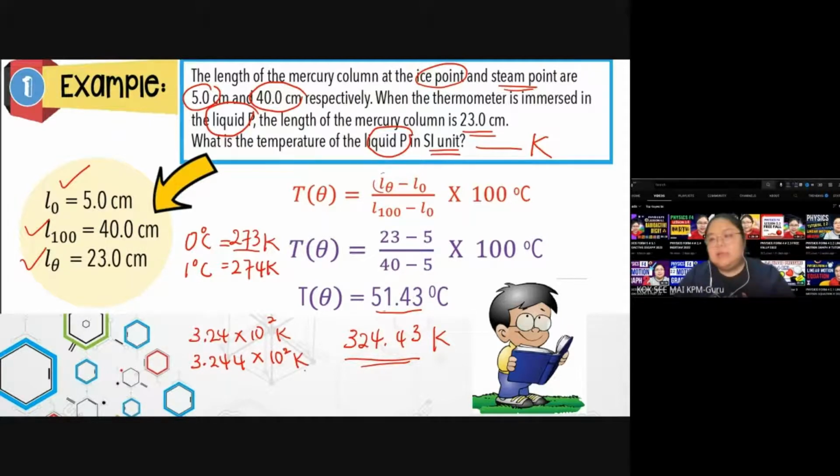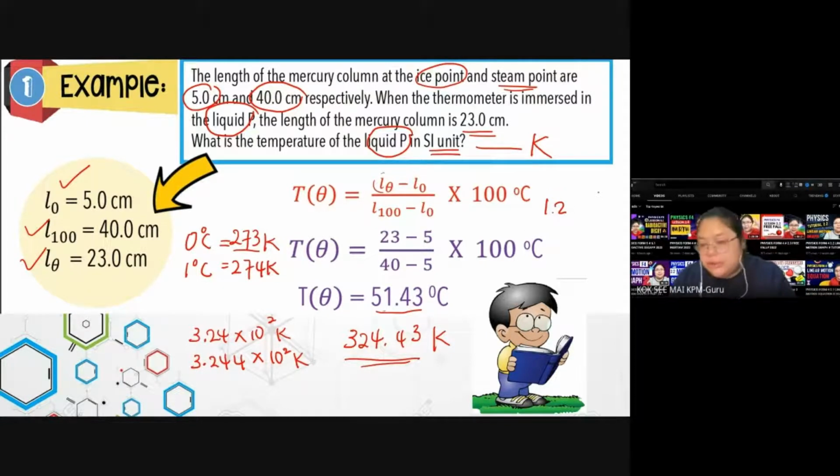Like this. Especially your chapter 3. Chapter 3 has so many calculations and the readings are quite big. Better you write 4 significant figures. If you really don't have 4 significant figures, like only 1.2, nothing more behind, then you just write 1.2. This one is no choice really. Don't write 0, 0, 0 behind the 1.2. No need.